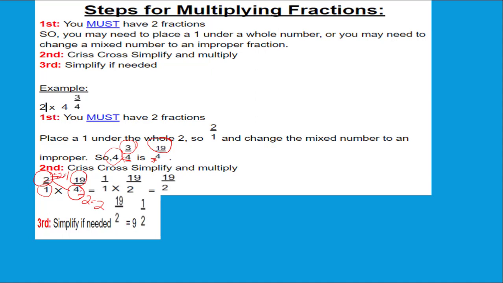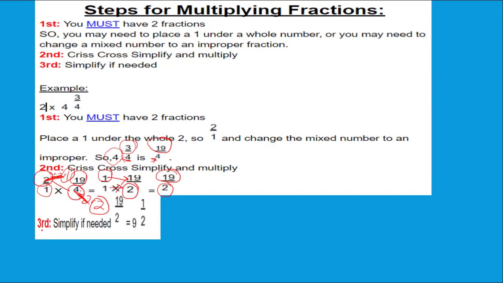So this 2 is going to become the 1, and this 4 is going to become the 2. So we have 1 over 1 times 19 over 2. Now we can multiply. 1 times 19 is 19. 1 times 2 is 2.